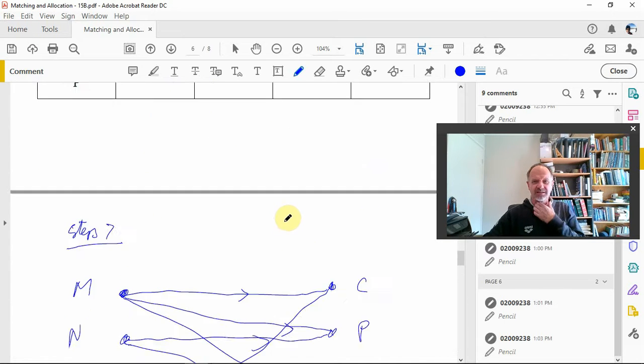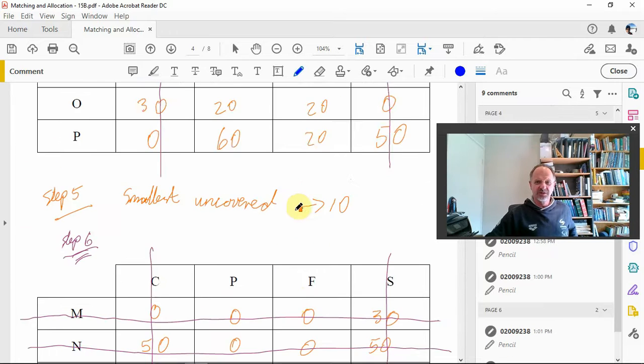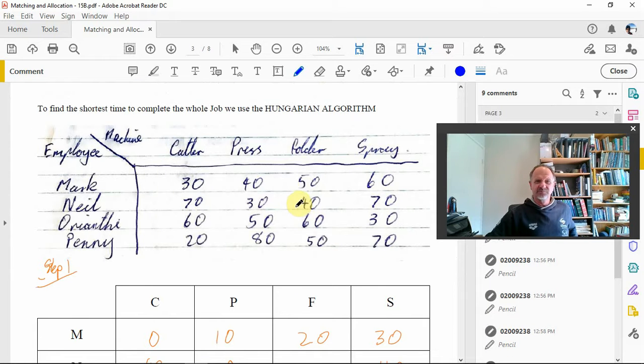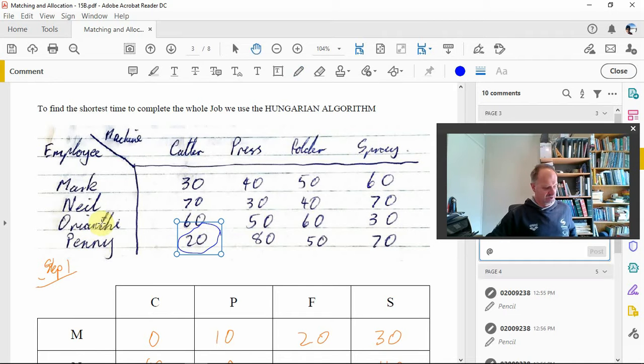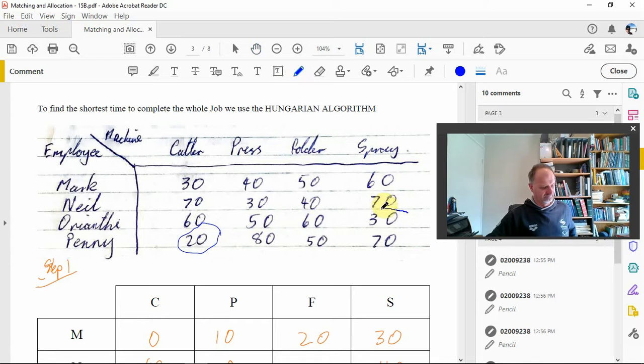So when you go way back to the start, to that first table, this one up here, that told us how much. So Penny, we're allocating to the cutter, and so she takes 20. Orianthe, we're allocating to the sprayer, in which she takes 30. Neil, we're going to allocate to the press, and Mark, we're going to allocate to the folder.